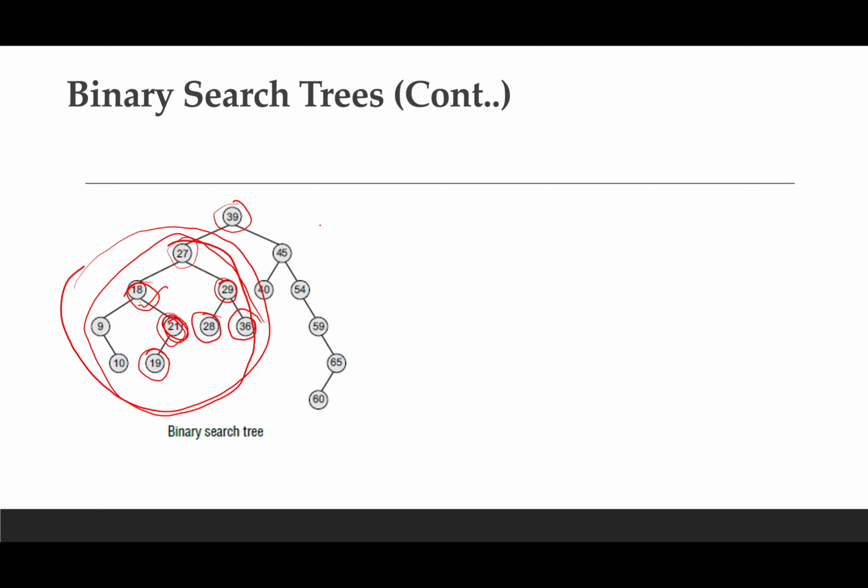Here 45 has a left child less than it. So it follows the rule that the left child value should be less than the root node and the right child value should be greater than the root node.